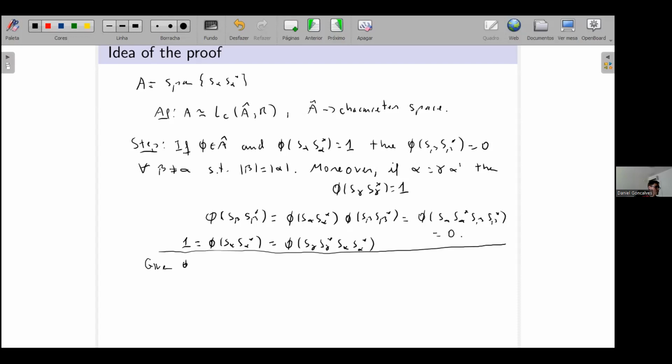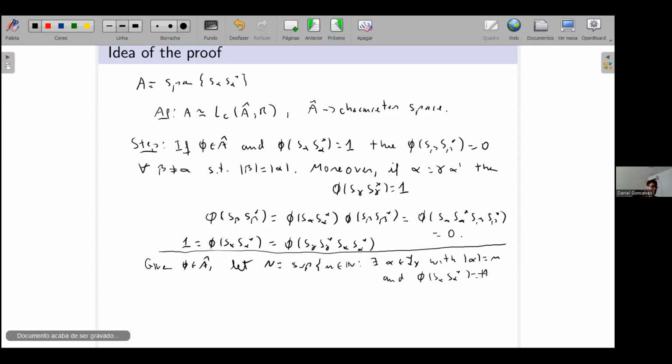Given this phi in A-hat, we let n be equal to the supremum over all the natural numbers such that there is an alpha in the language with alpha of length n and phi of S_alpha star equal to 1. So we take this n as the supremum, and now we can just, okay, I should have left two pages.